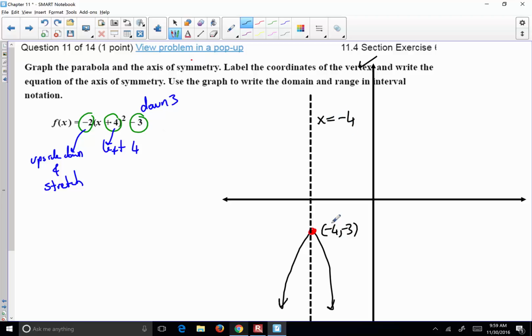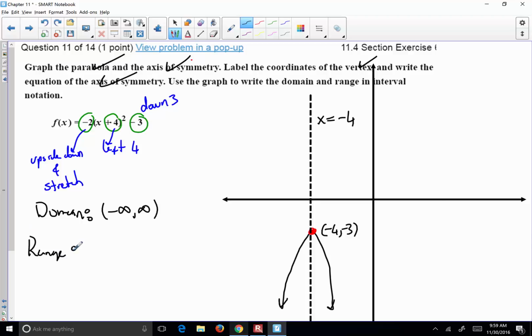This number here. Okay? We pictured this, wrote this, and now domain and range. Let me tell you, the domain of a parabola or quadratic function never changes. It's always negative infinity to infinity. It's always going to open left and right and cover the entire x-axis. Okay? It's always that.